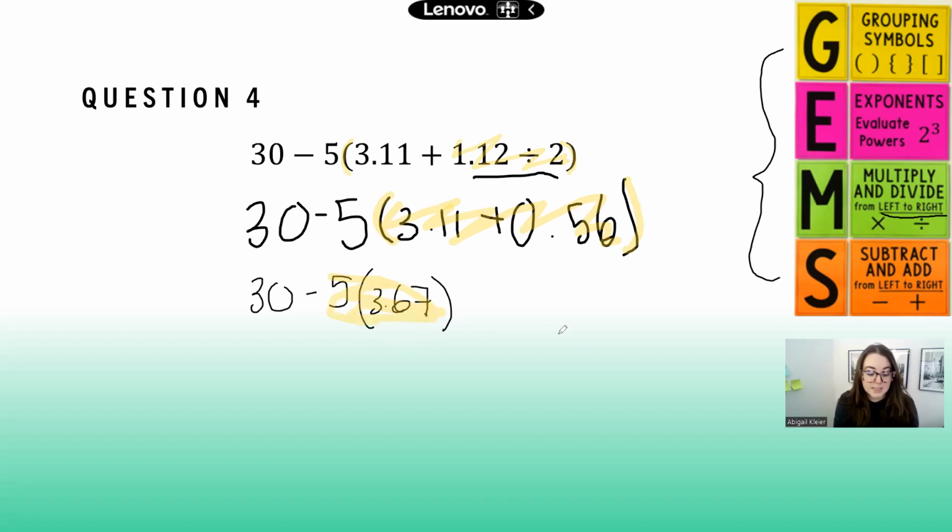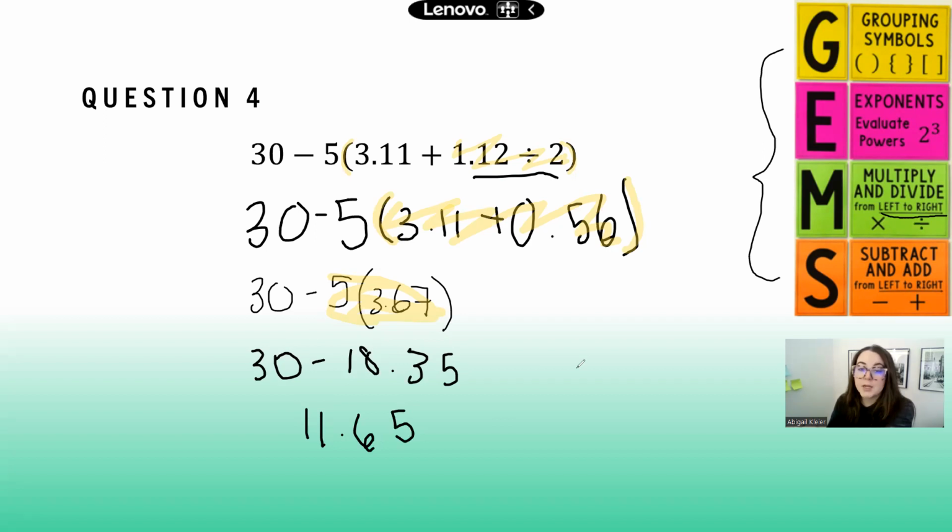So 3.67 times 5 gives us the value of 18.35. And now we are down to just one step. We have 18.35 that's being subtracted from 30. When we subtract that, we get 11.65.